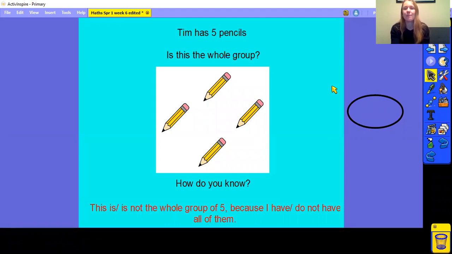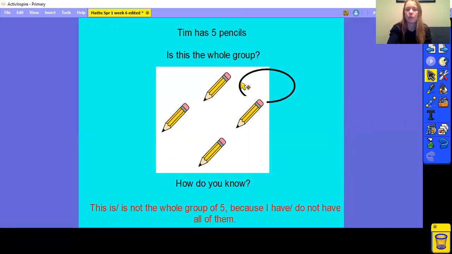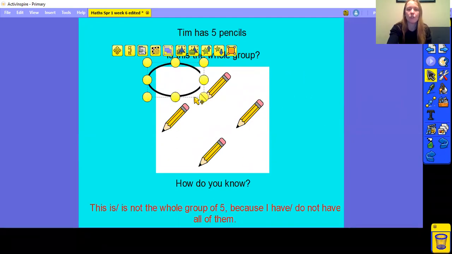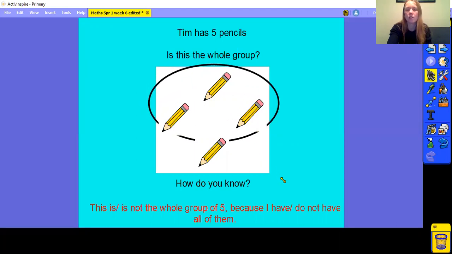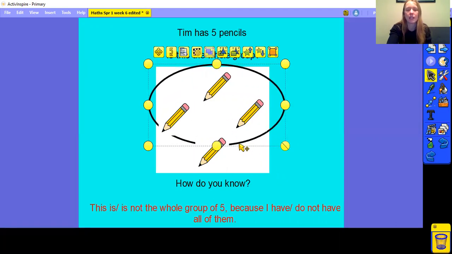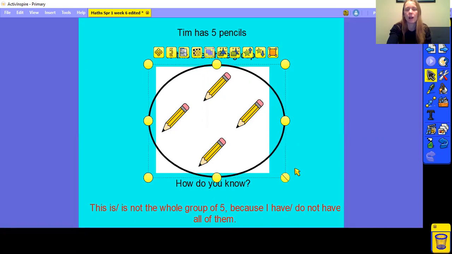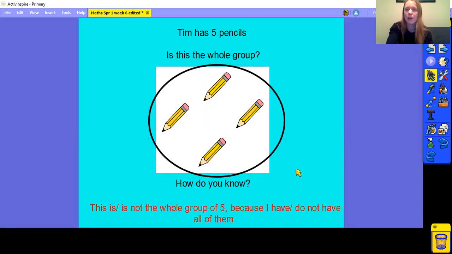It says Tim has 5 pencils. Is this the whole group? Let's put our ring around so that we know which group we are counting. So here's the group that we are counting. Do we have the whole group? Let's check. 1, 2, 3, 4.